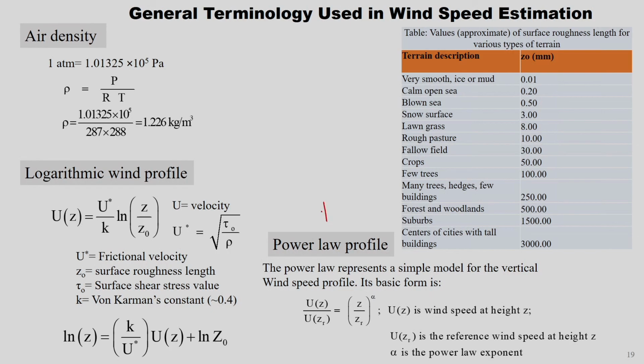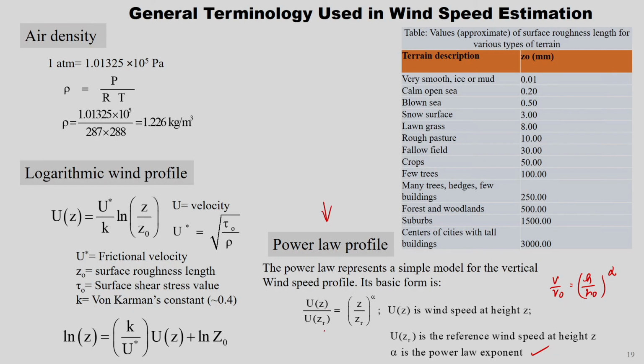In the introductory classes I told you about the power law profile. The power law represents a simple model for the vertical wind speed profile. The basic form is V upon V naught, which is equivalent to H upon H naught to the power alpha. Alpha is the power law exponent, or we can say the surface roughness coefficient.